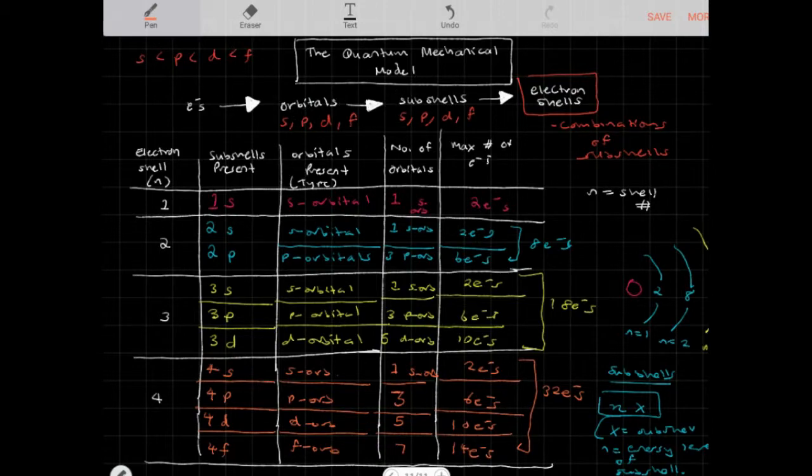The subshells are named after the orbital that they're made up of, and each subshell is made up of a particular number of each orbital. And the subshells come together in different arrangements to form electron shells. So this is the hierarchy of the quantum mechanical model, and what I'm going to do next is show you guys how to draw out the atomic structure in association with the quantum mechanical model.